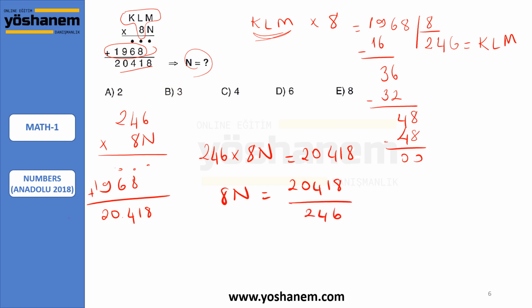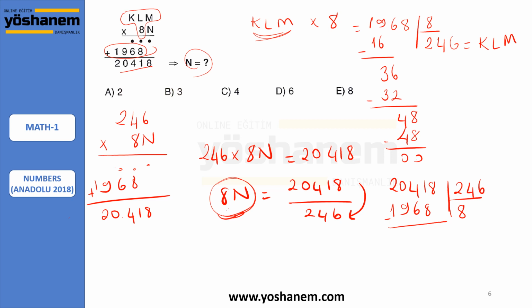Okay, so dividing by this, I'll have A10. Let's go ahead and divide by 246. The first number is 8 because I know from here. Okay, I'm gonna find the n. Okay, let's go ahead and multiply them. It's 1, 9, 6. I know that from here.